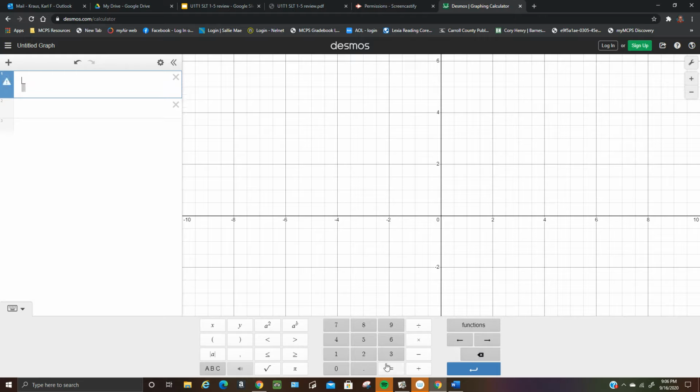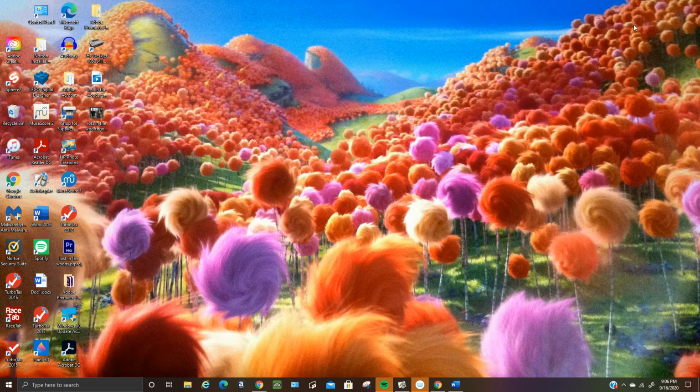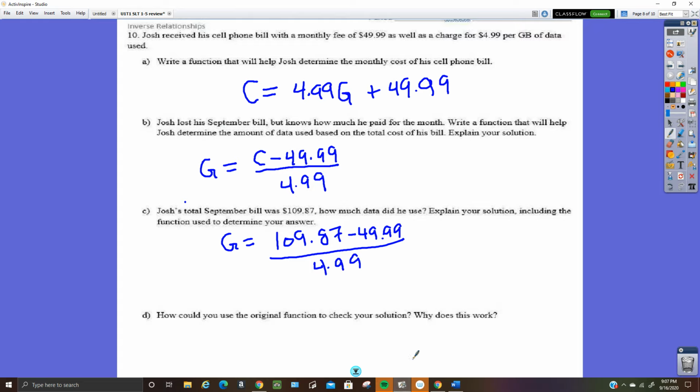Use the divide key. 109.87 minus 49.99 divided by 4.99, and you get 12 there. So right here, 12 gigabytes.